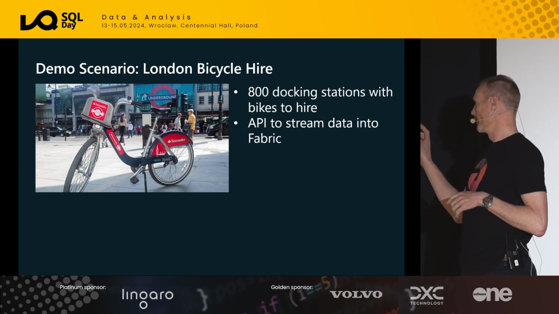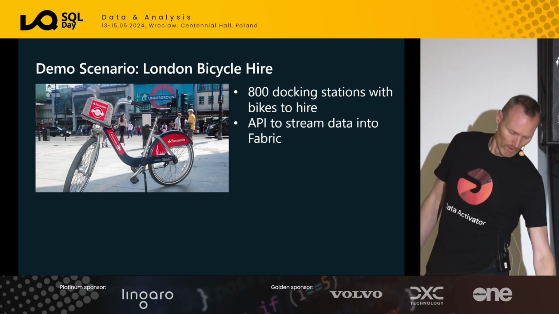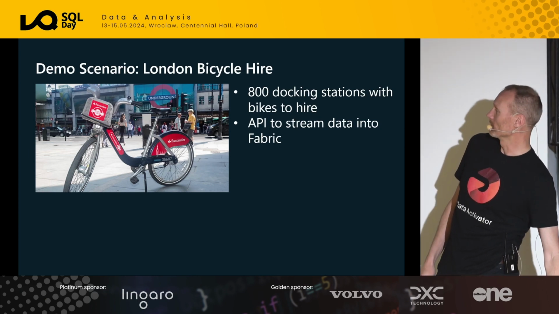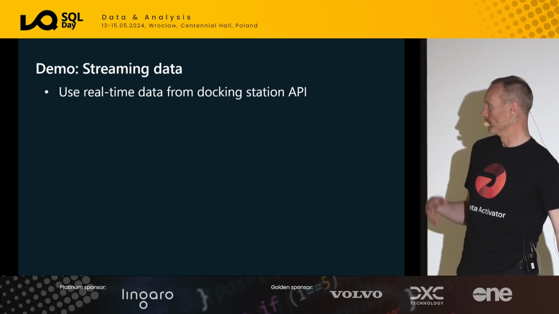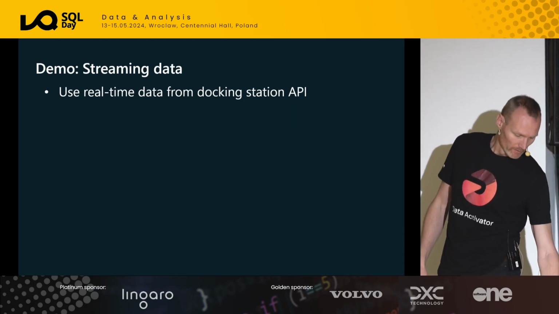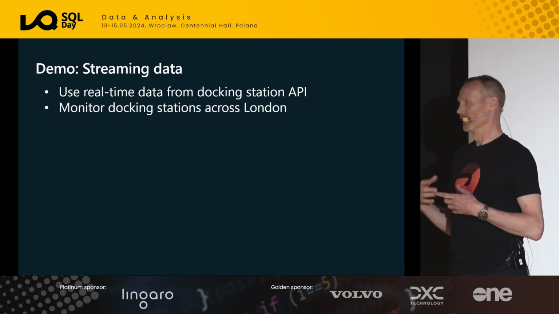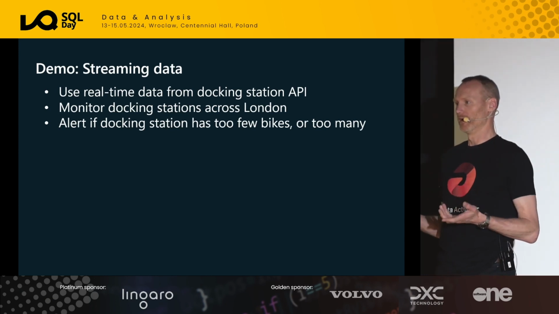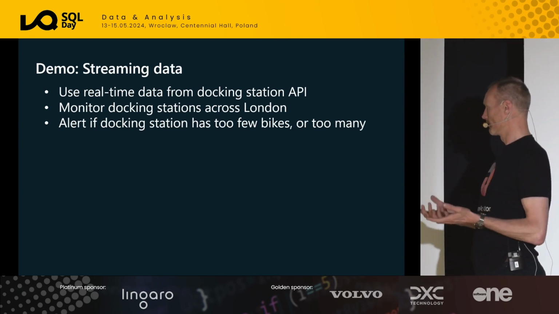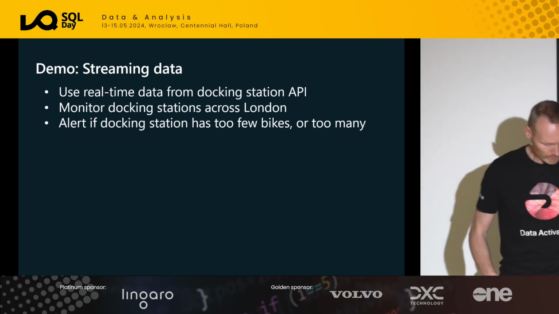So from this API, it's streaming data into Fabric, and then we will try to make some actions on top of that. So the first thing we will do is take some real-time data from these docking stations, and then we will monitor the docking stations across London, and then we would like to set up an alert if a docking station has too few bikes or too many.